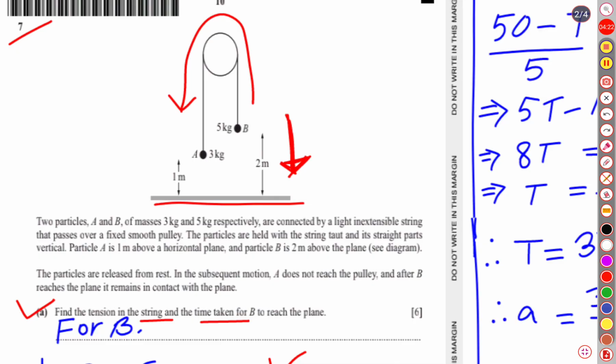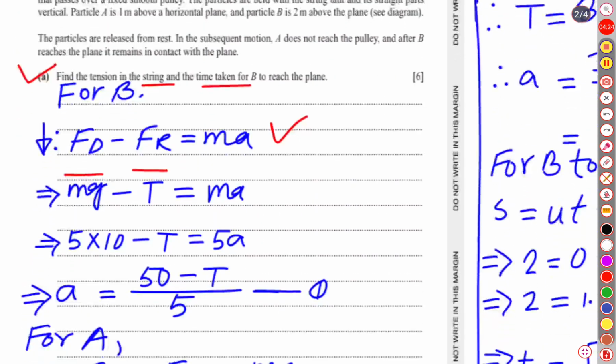So the driving force is only weight, and the resistance force is nothing but the tension in the string. So the weight of particle B is m g, that is 5 times 10, with g, the acceleration due to gravity, being 10, then minus tension T, and mass is 5a, where a is acceleration. If we simplify, a can be transposed to the other side, then a = (50 - T)/5.